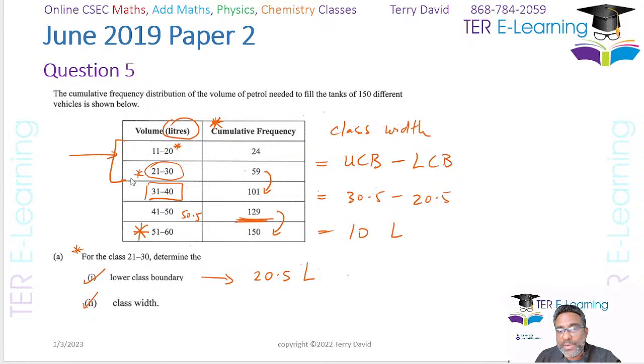Now we're trying to check where our 75th car is. At this point we have 59, and in this one we have 101. So as it stands, it looks like his estimate may actually be incorrect, because, let me tell you why.